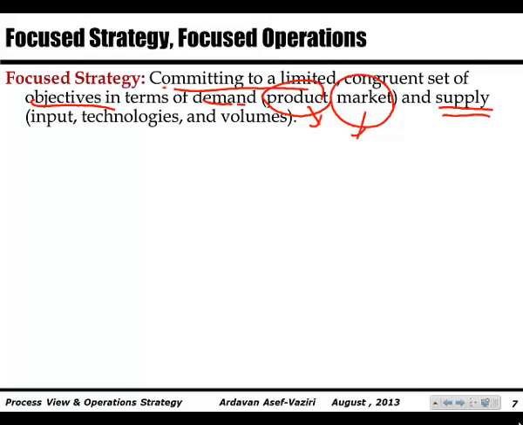And in terms of supply, we don't use all types of input, very low quality input, very high quality input. We don't use all types of technologies, automated technologies, manual technology, and computer integrated manufacturing.